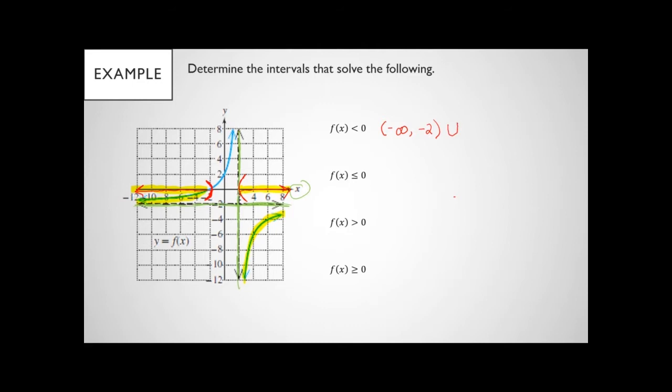And then we're unioning this up with the next part, which starts at the location of the vertical asymptote, which is at 2. And then that goes on to infinity. So the parts where we are less than 0 are from negative infinity to -2, and then 2 to infinity.